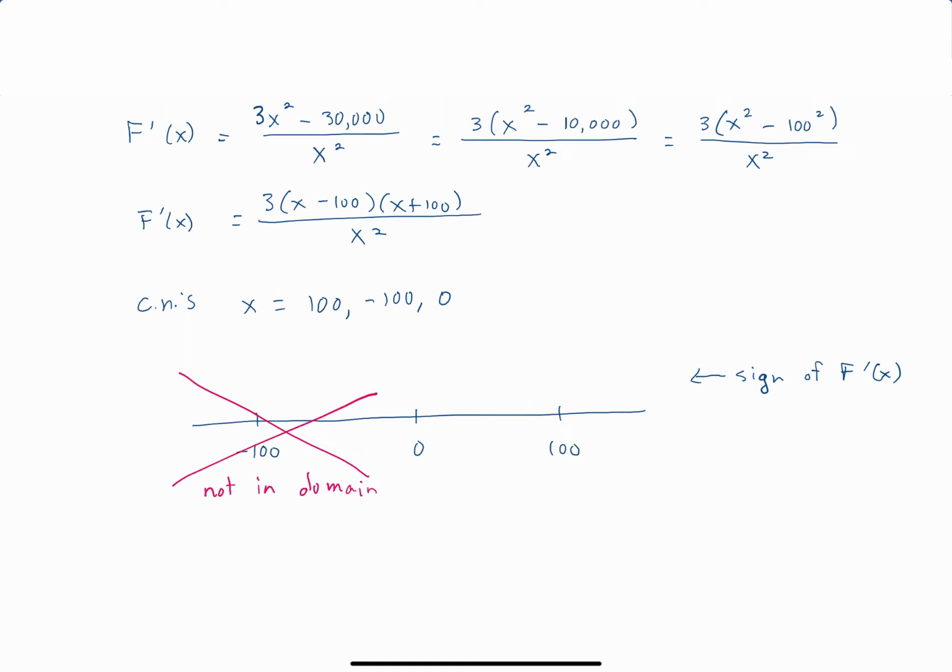So now you can plug in numbers into your derivative. So for example, for this first interval, I could plug in, say, x equals 1. And if you do that, you'll get a negative number.